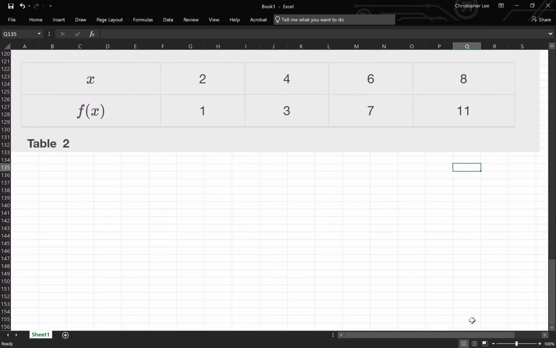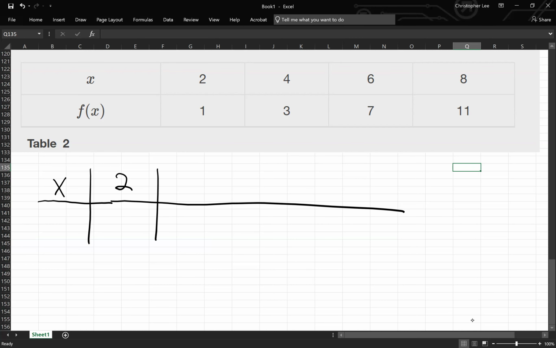What's happening here is that my x inputs are the same. No change. But for the g of x, this is going to be f of x minus 3.